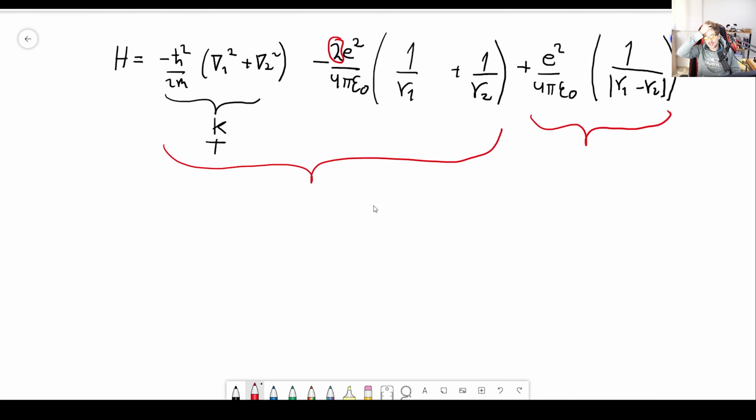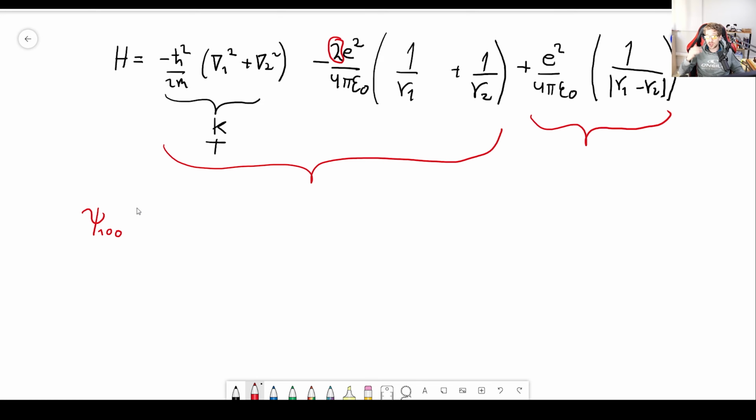So as we like to do in the variational principle, we will have to find some sort of approximation for a wave function. Noticing that this is kind of like a hydrogen atom, but with this interaction term, let's think about what the wave function would be for something like this. Well, as a quick reminder, what is the wave function for the ground state of the hydrogen atom?